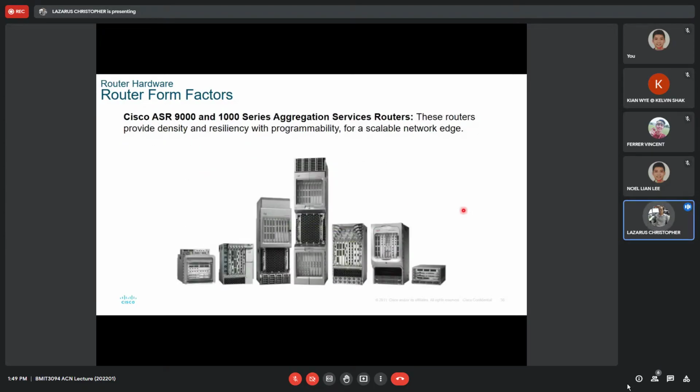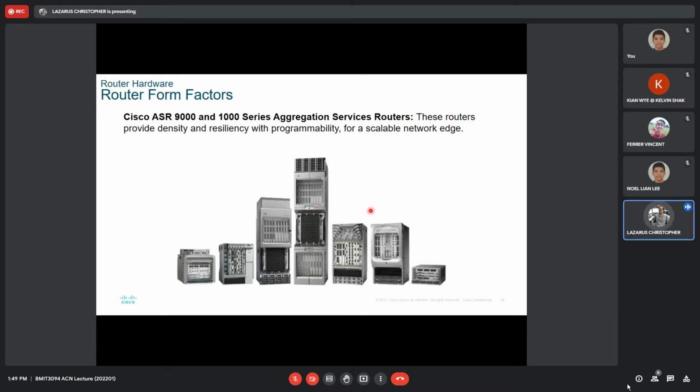Right, so this one provides density and resiliency with programmability for a scalable network edge. It is at the edge of our network, so it has to be high performance, right? It needs to link up with many switches, and maybe if you allow multi-layer switches, then it connects to multi-layer switches.